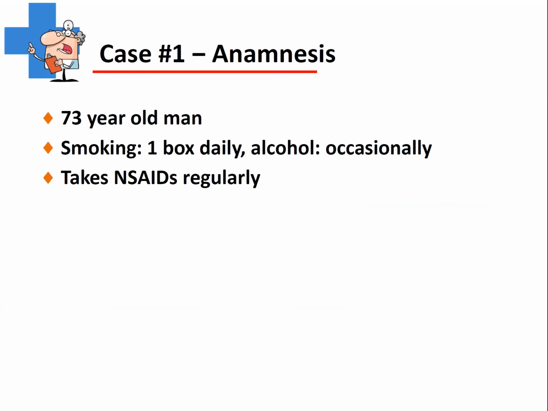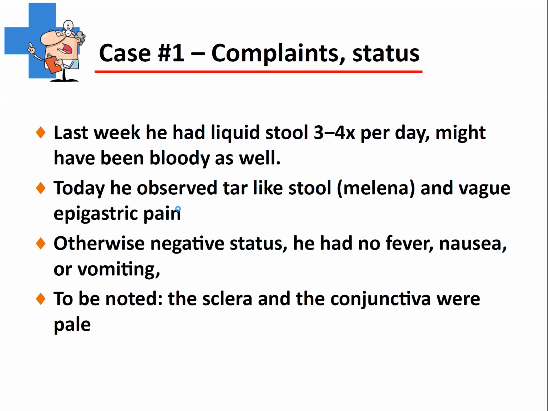Now, in the first case, we have a 73-year-old man, smoking daily, drinking alcohol occasionally, and taking NSAIDs, non-steroidal anti-inflammatory drugs. Last week he had liquid stool, diarrhea 3 to 4 times per day, which might have been bloody as well.